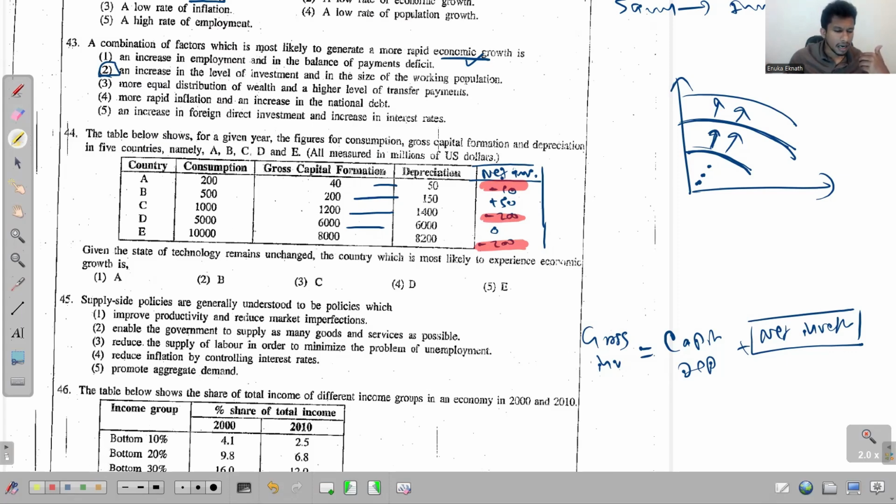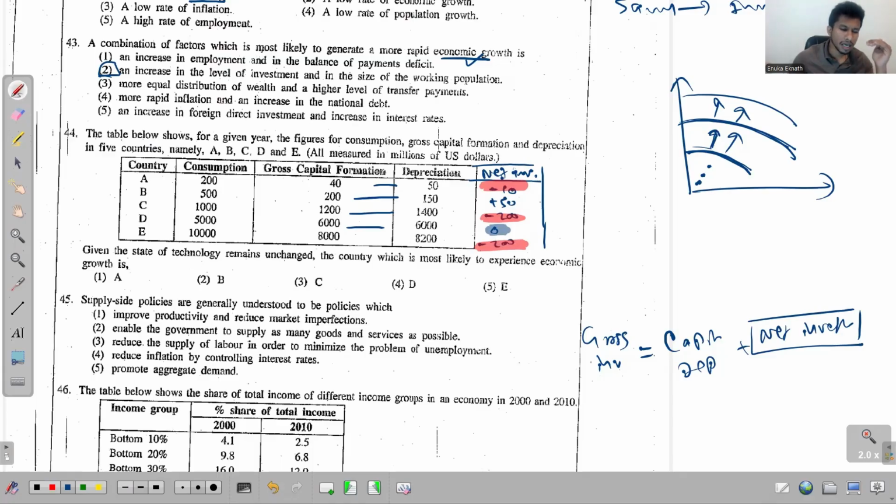And in country D, nothing has happened to the amount of capital resources. They just maintain it at the same level. But maintaining the amount of capital resources at the same level does not ensure an increase in productive capacity. So even for country D, it's very difficult to achieve economic growth.